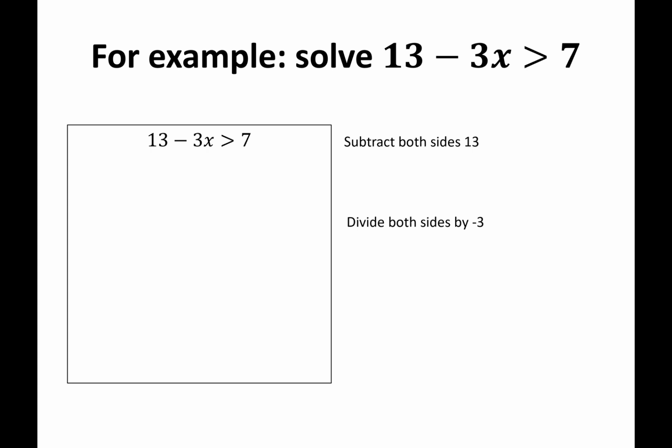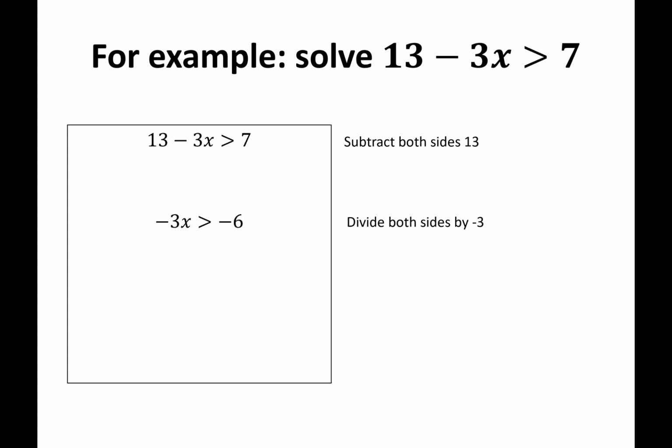I have 13 minus 3x is greater than 7. So to move my 13, I subtract 13 from both sides. This leaves me with minus 3x is greater than 7 minus 13, which leaves me with minus 6.